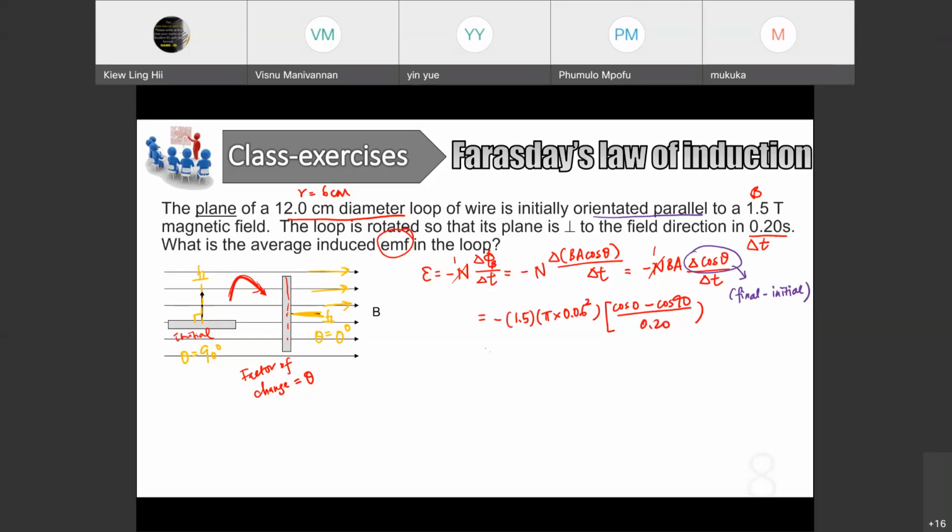So you get 0.085 volts for your induced EMF. Since the negative only shows the direction, in your final answer you can actually remove the negative. We will determine the direction with Lenz's law later. Okay? So that is about the calculation.